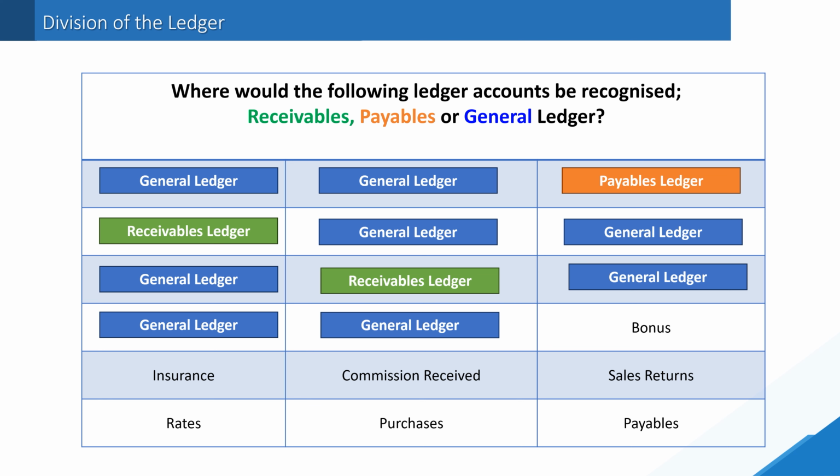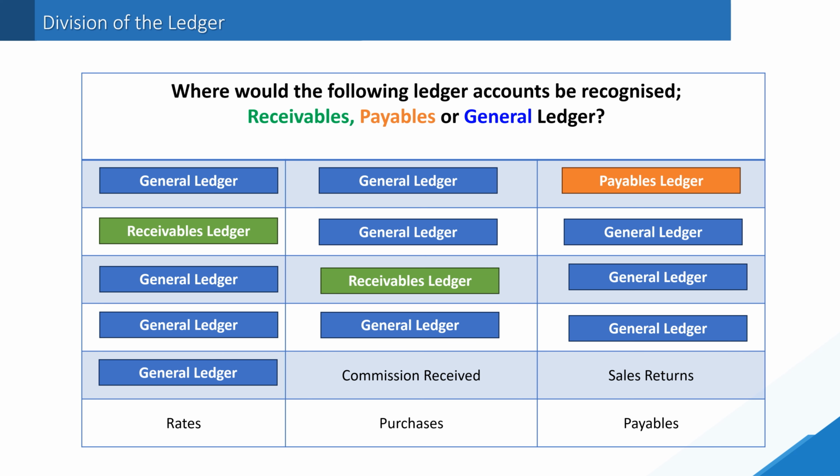Any bonuses paid will be recognised in the general ledger. Insurance is an expense and, like all other expenses, will be recognised in the general ledger. Commission received is a form of sundry income and will be recognised in the general ledger. Sales returns recognise the value of goods that the business has had returned to them from their credit customers.